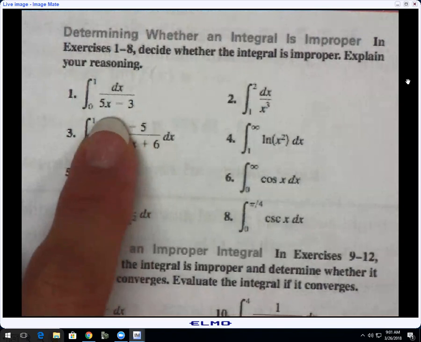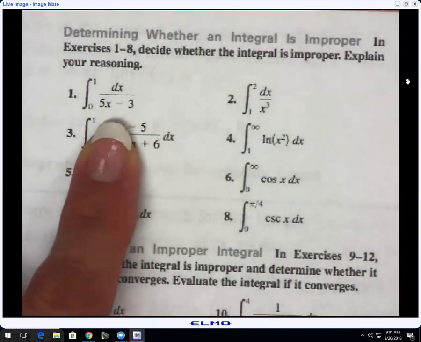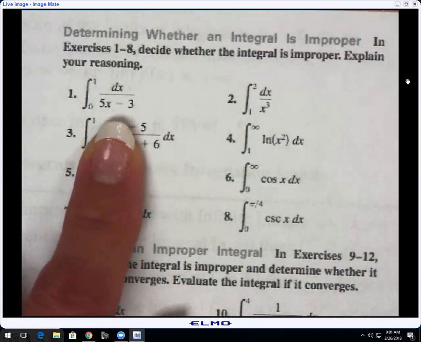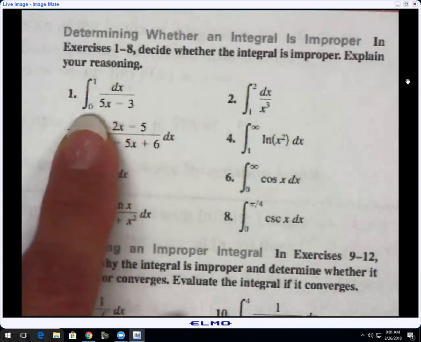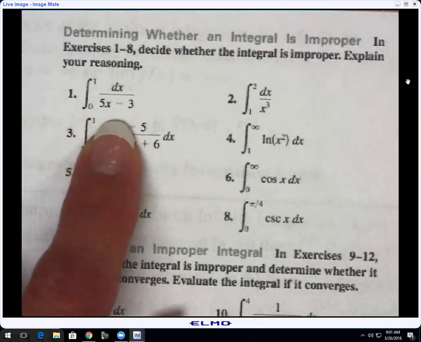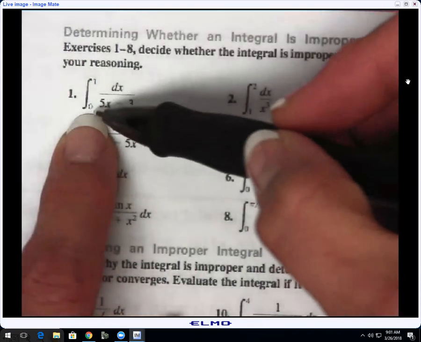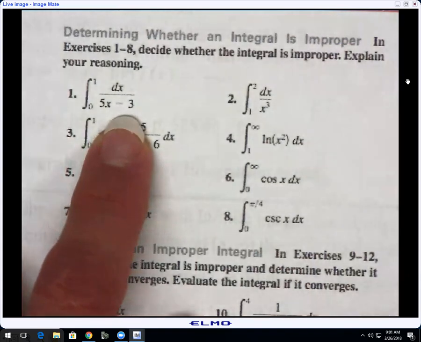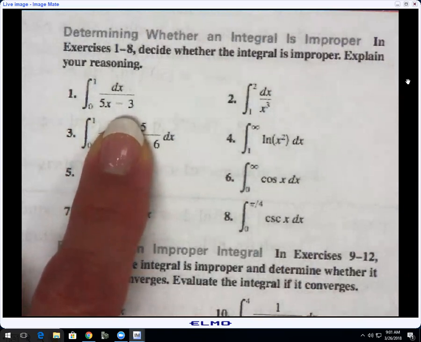So what about number 1? Proper or improper? Improper. Improper because why? There's a vertical asymptote at 3/5, and 3/5 is on the interval between 0 and 1. So there's a finite number of infinite discontinuities, or a finite number of vertical asymptotes somewhere in that interval from 0 to 1.